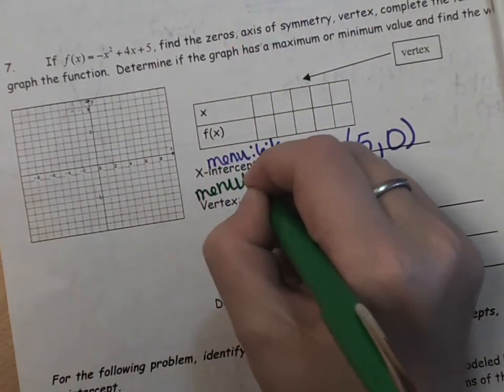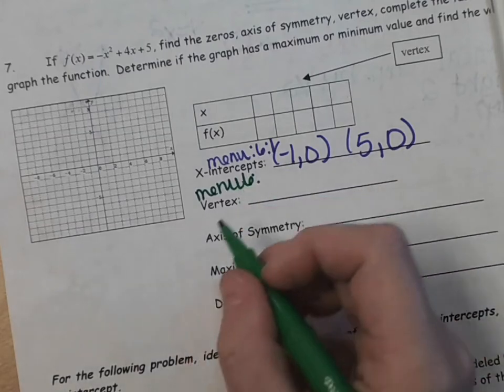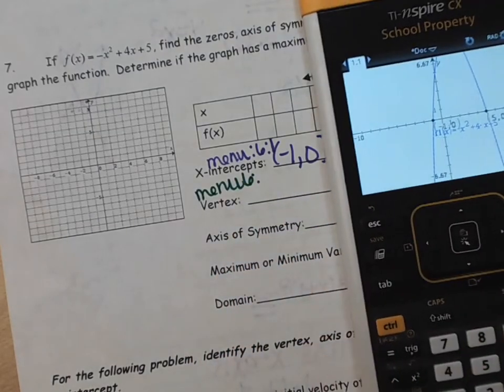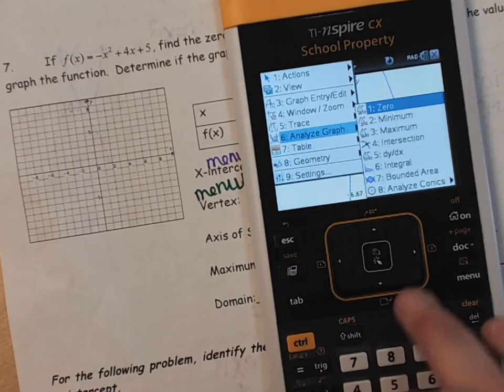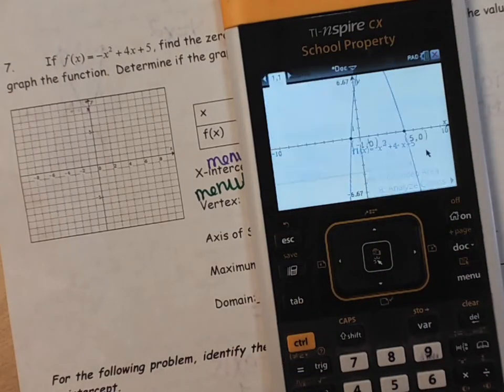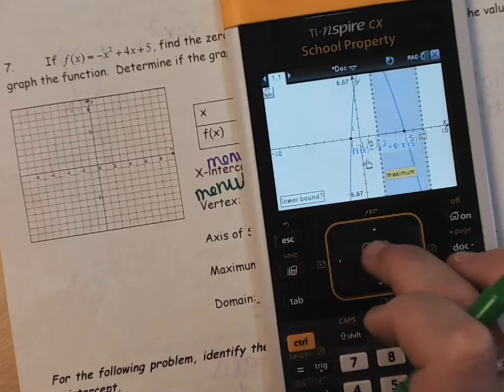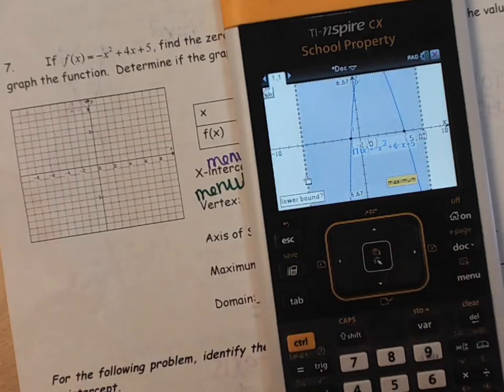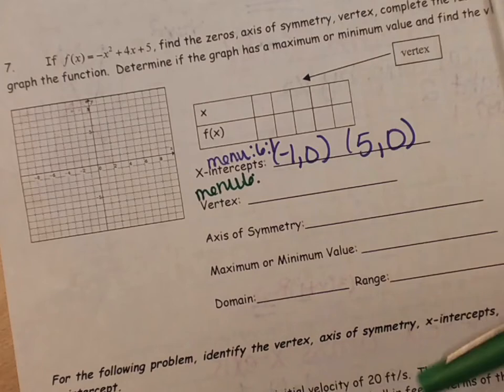Vertex. Again, we're using the menu button. Menu, 6. But here you have to decide, is it minimum or maximum? So menu, analyze. Is it minimum or maximum? Well, it's a hill. So that is a maximum. Click on both sides of the graph, and the answer will pop up for you. 2, 9.